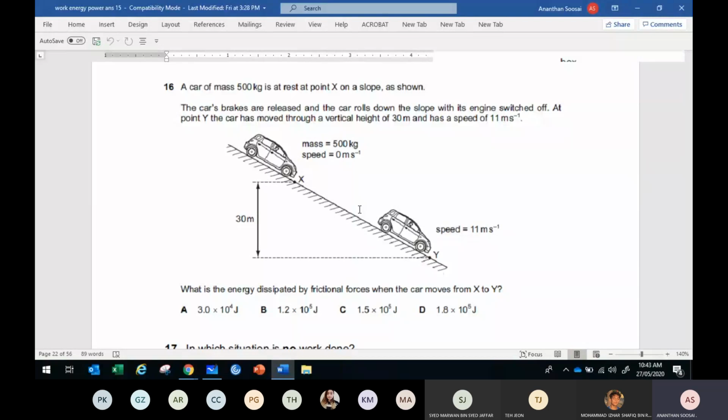Work done by the thrust equals gain in EP, plus gain in EK, plus heat. What is the energy dissipated by frictional force when the car moves from X to Y? That means heat. They're asking how much is the heat.